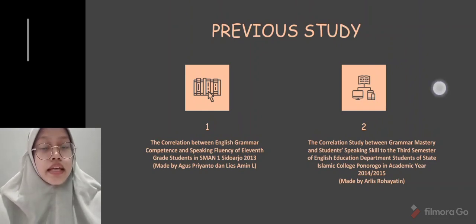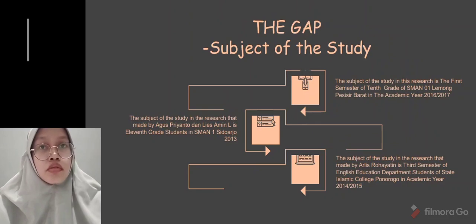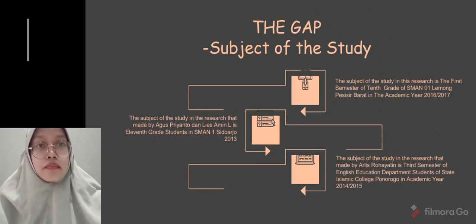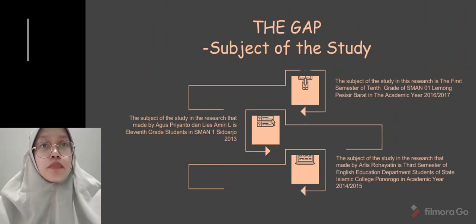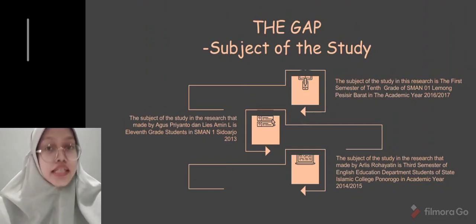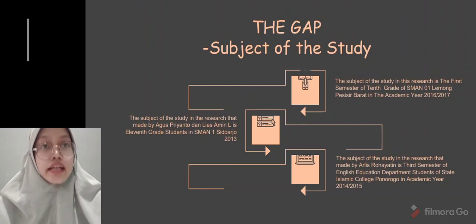The next is the gap, which consists of the subject of the study. The subject of the study in the research that I chose is the first semester of 10th grade of SMA Negeri 1 Lembang Pesisir Barat in the academic year 2016-2017.